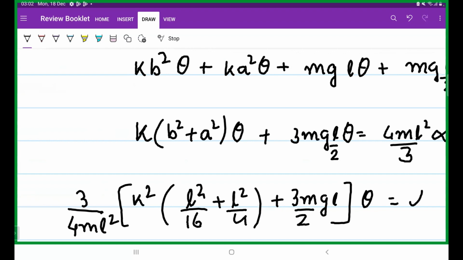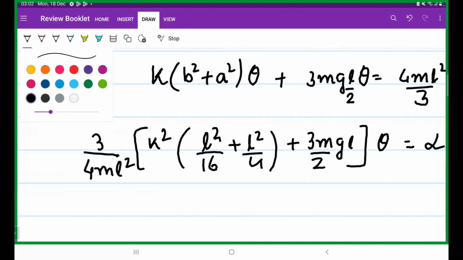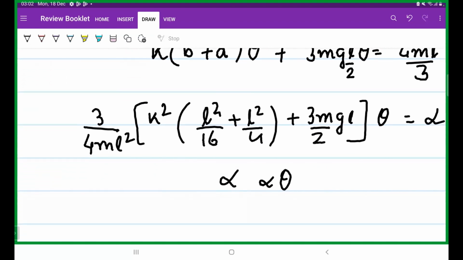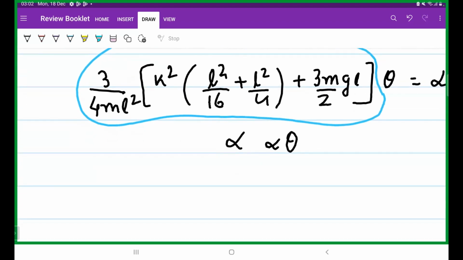This is equal to alpha. So alpha is proportional to theta, and that proportionality constant, which is this, will now become the angular frequency.